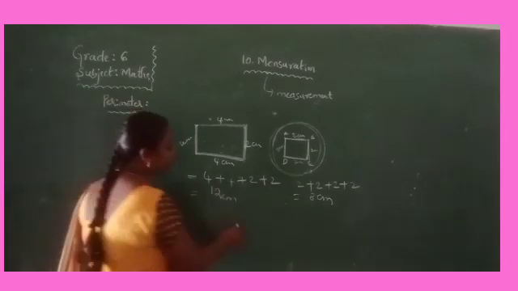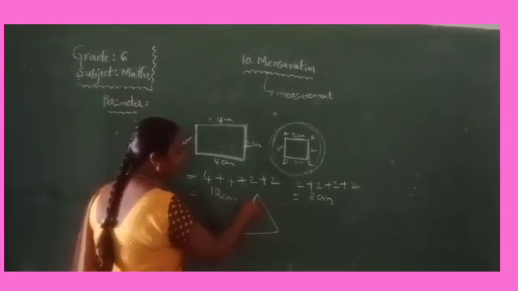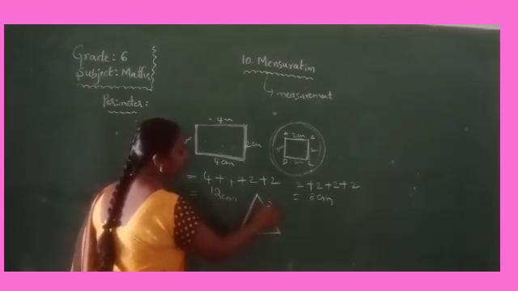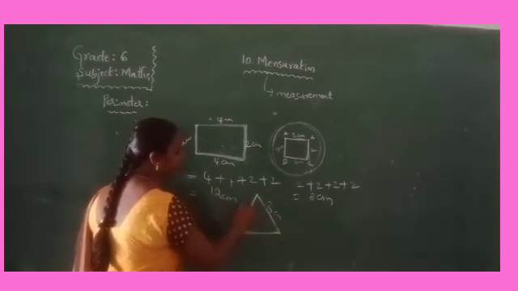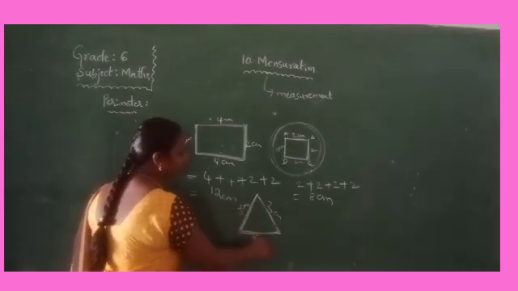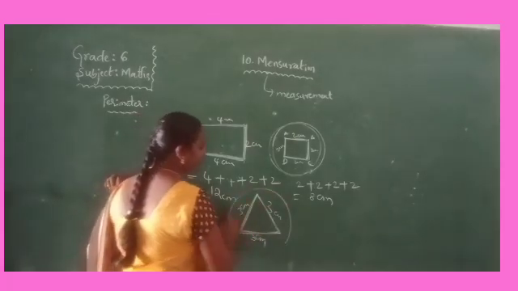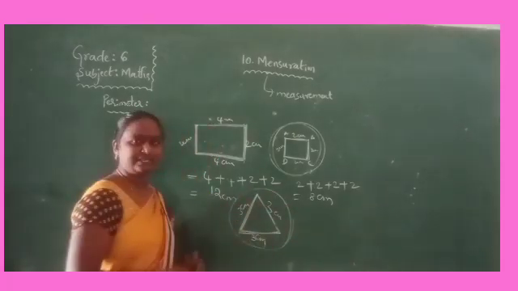Not only that, a triangle is also a closed plane figure. One side is 3 centimeters, one more side is 3 centimeters, and one more side is 3 centimeters. All the sides are equal, so we can say that it is an equilateral triangle.